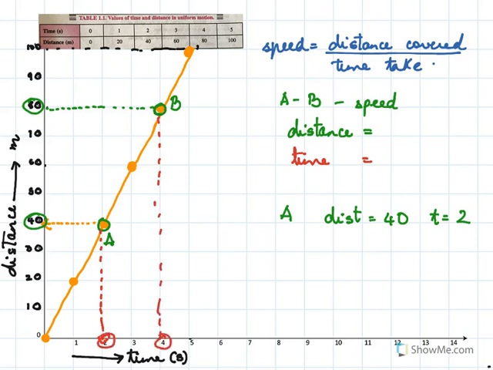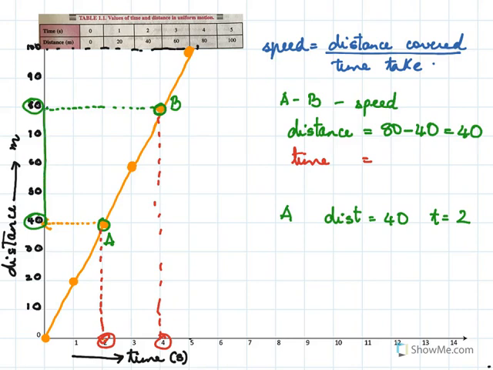Earlier it was 2. So when the body goes from A to B, from 40 it has moved to 80. So the distance covered will be 80 minus 40, which is 40.